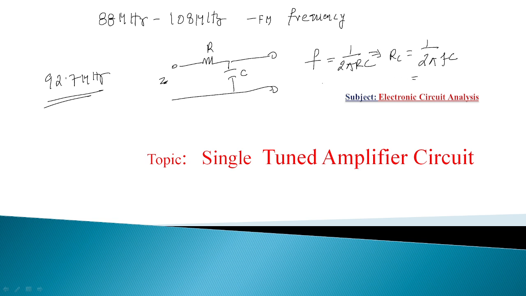Assume that it is a low pass filter circuit. If the frequency is low, just assume it is zero frequency, 1 by 0 is infinite impedance.